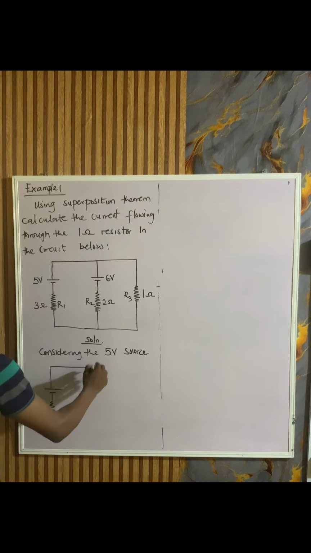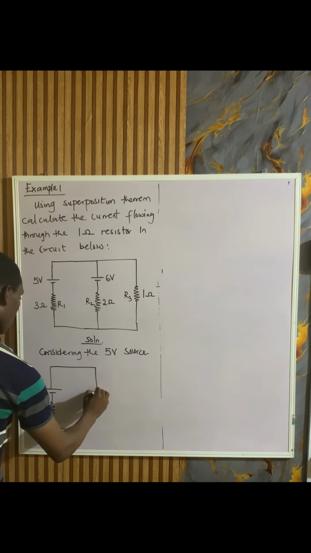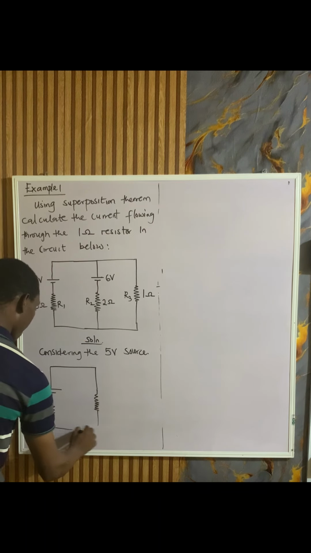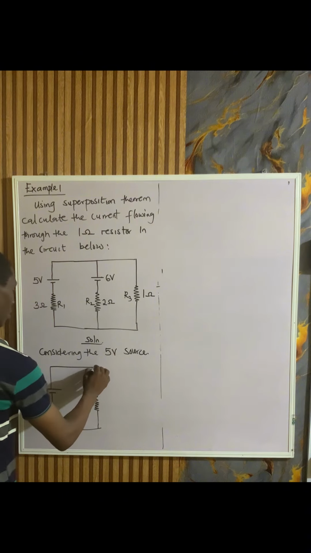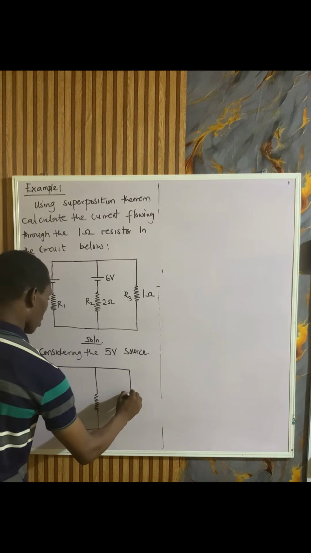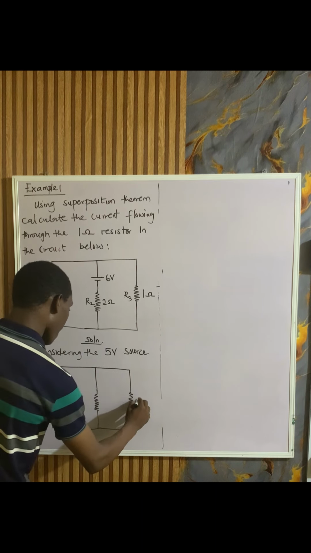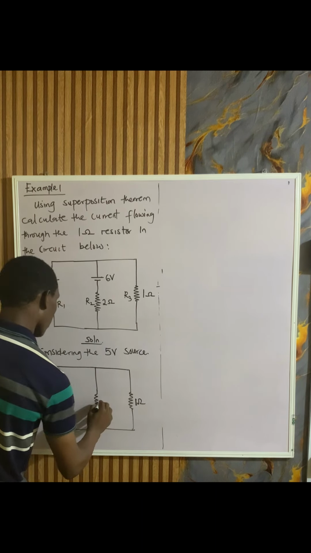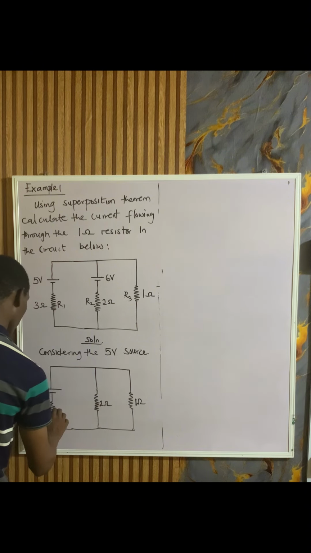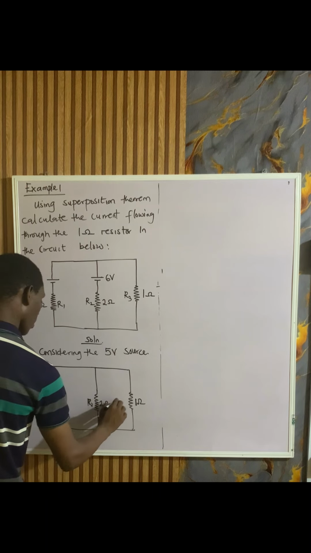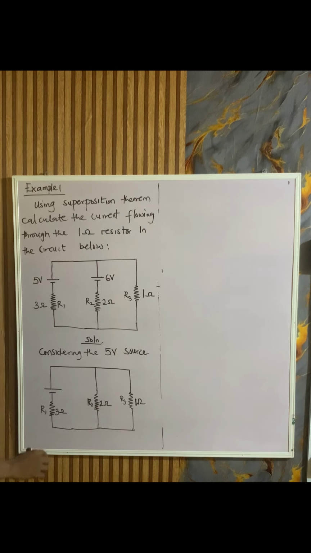For the other source, I will short circuit it, more or less like you remove it, as though it does not exist. So this is all we have after we short circuit the other source, the 6 volt source.